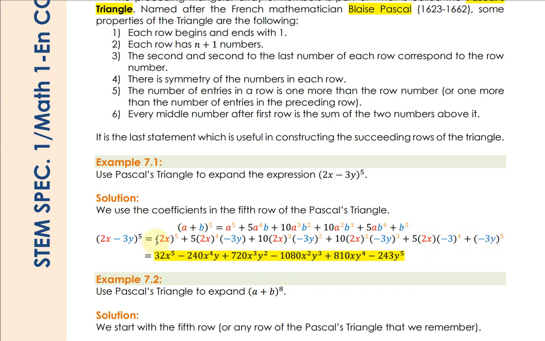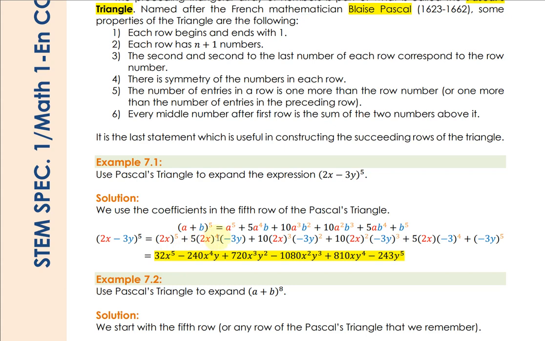Since we have 2x quantity to the power of 5, we are going to distribute this power. Not only x is raised to the power of 5, but also the constant, which is 2. So 2 to the power of 5 is equal to 32. Then we have x to the power of 5, that is x fifth.